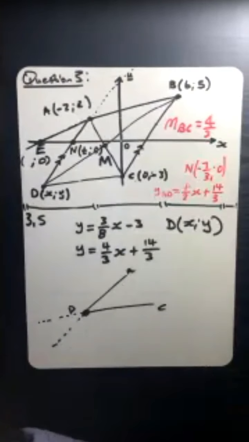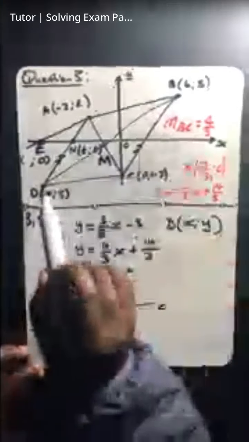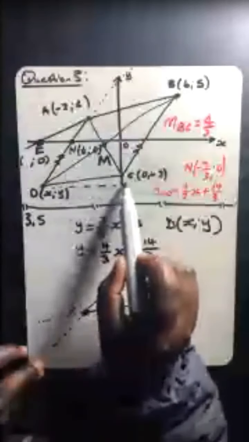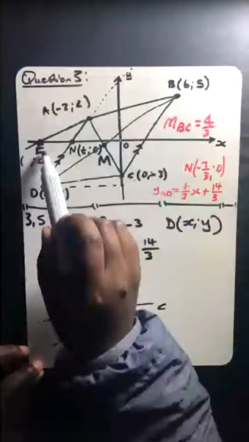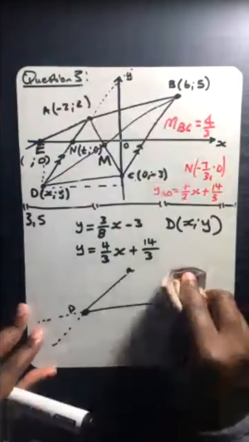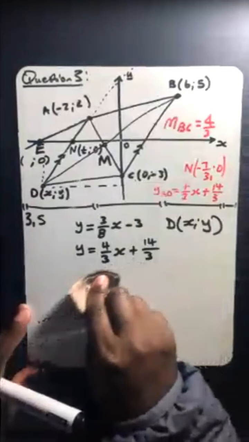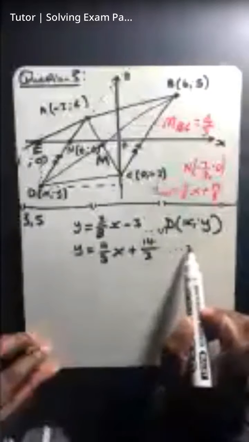So for that reason, the y value for that line and for this line is the same, and the x value there is the same. I'm going to say this is my equation number 1, this is my equation number 2.